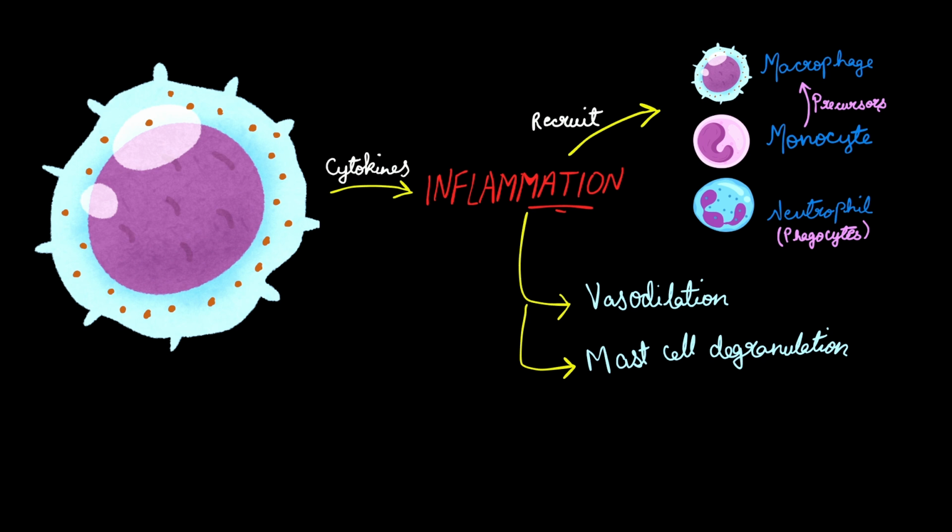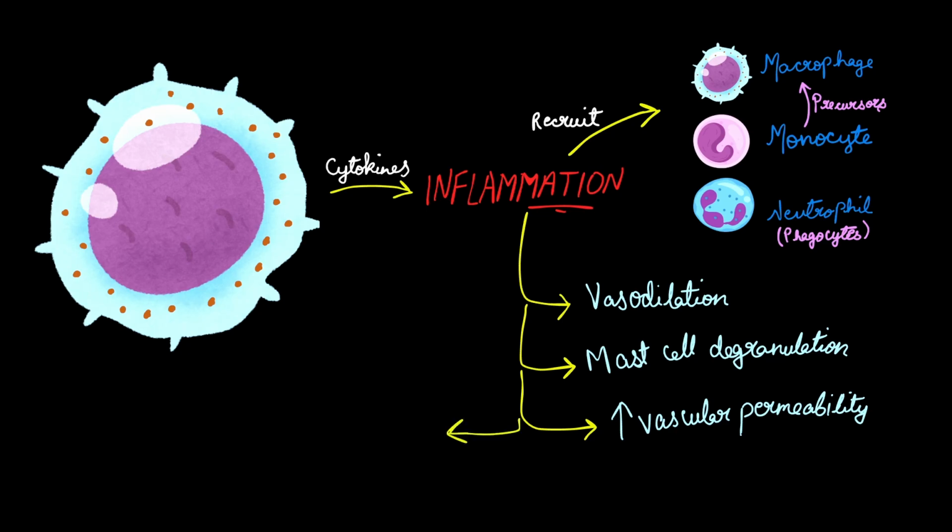Tissue resident mast cells rapidly degranulate, releasing histamine, heparin, and more cytokines. Simultaneously, increased vascular permeability occurs as endothelial cells contract and create gaps, allowing plasma proteins, antibodies, and immune cells to exit the bloodstream and enter tissues, resulting in swelling.